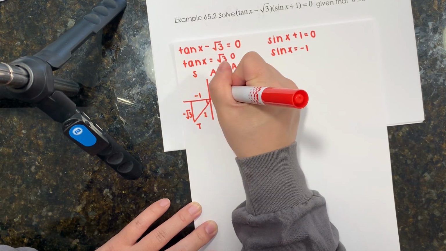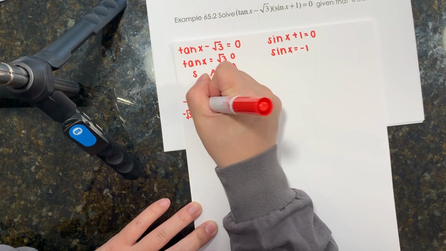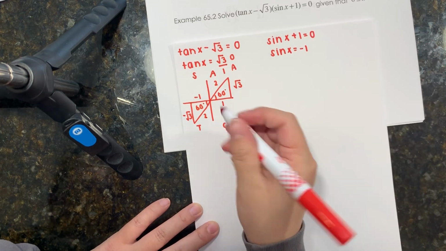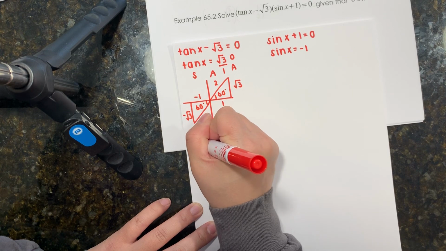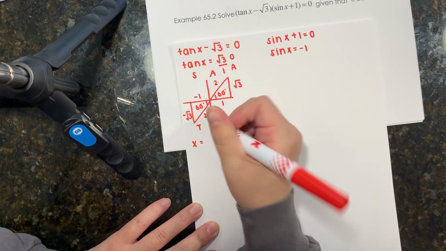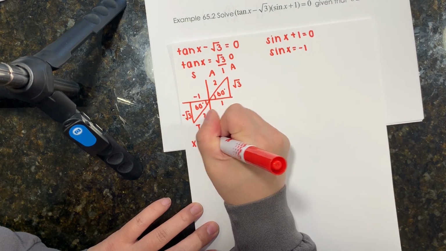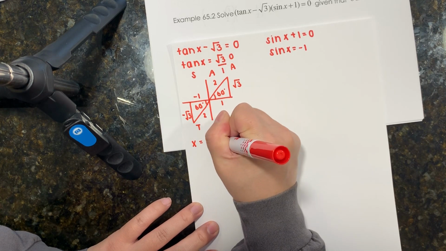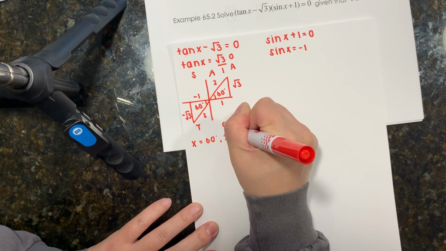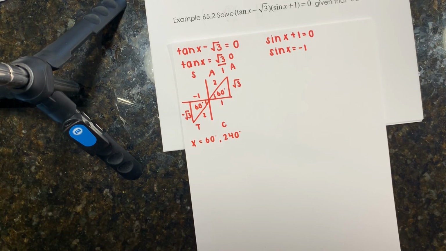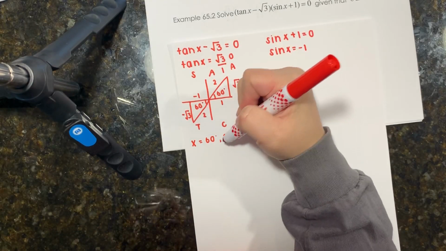You should recognize that this would be a 60-degree angle. So for this one, we're going to have x is going to be equal to 60 and 240. But that's not your answer because again, you're going to have to write this in radians, so don't circle that.